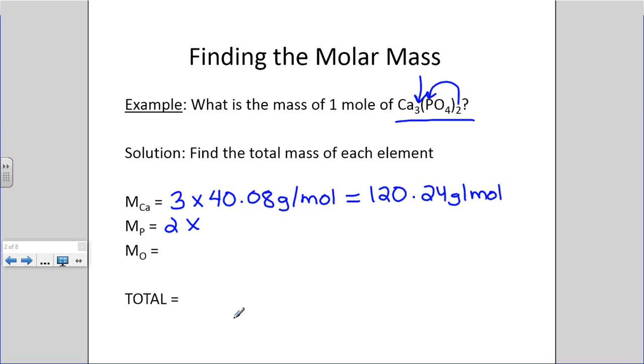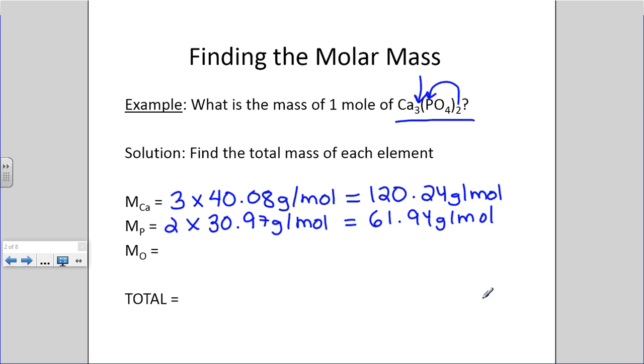Go to your periodic table and have a look. Once you found that mass, you should see that it's 30.97 grams per mole. And again, do the same thing. We're going to multiply it by 2. And this gives us a number of 61.94 grams per mole.